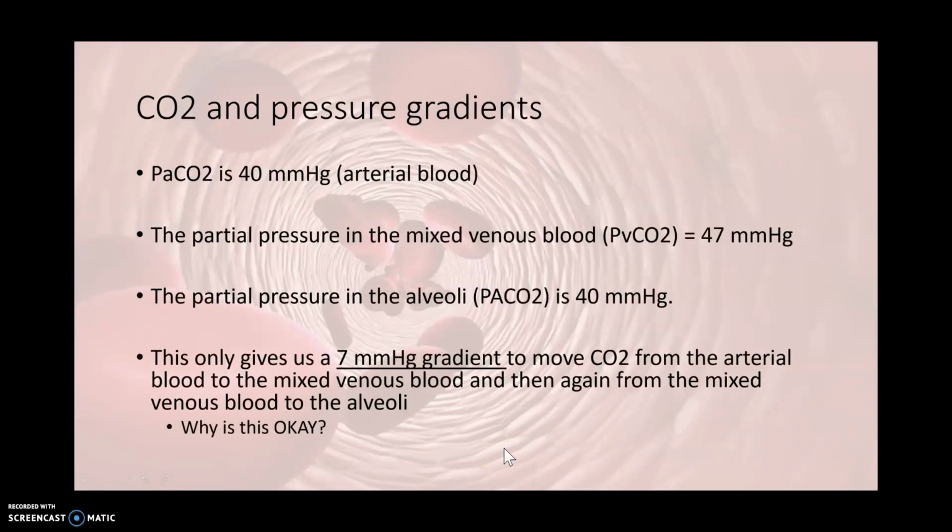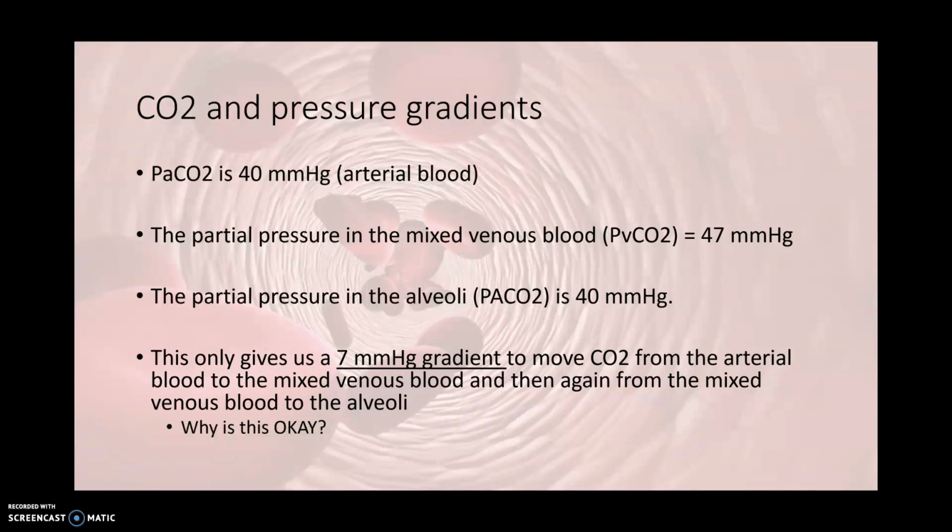Okay, so we talked about oxygen and how that is exchanged from the ambient air to the alveoli into our tissues all the way down to the muscle level. And now we're going to briefly talk about carbon dioxide's pressure gradients. So the PaCO2, the arterial partial pressure of carbon dioxide, is about 40 millimeters of mercury. So that's on the arterial side of circulation.